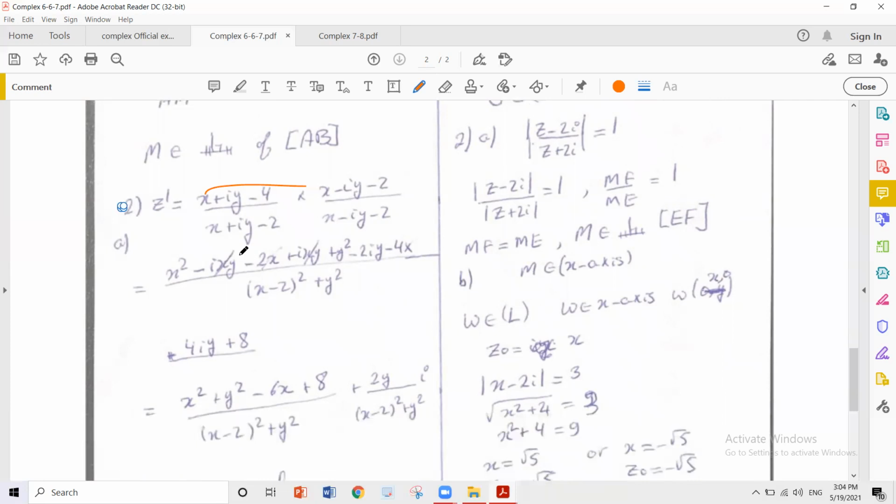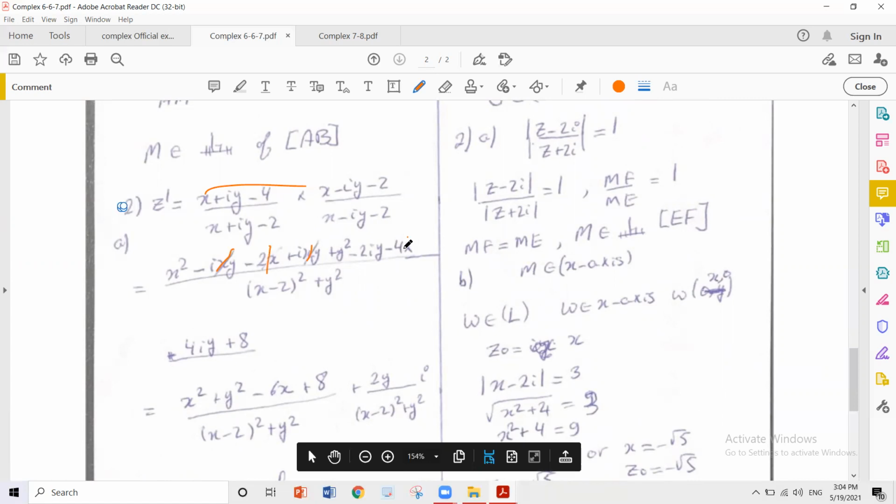The ixy terms cancel, giving x squared plus y squared minus 6x plus 8 over x minus 2 squared plus y squared.